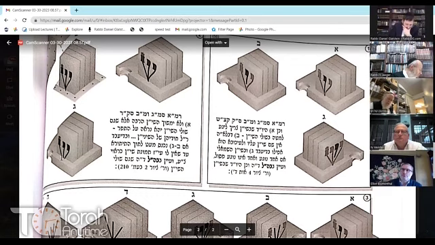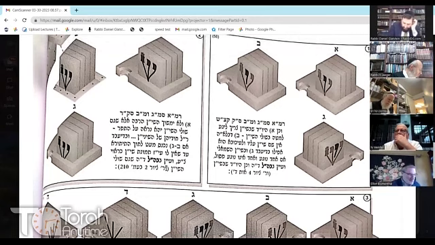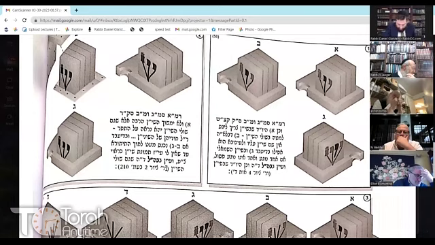Look at Beur Halacha, that the yud has to touch below. Look there in the Mishna Berura, where does the Mishna Berura say that the yud has to touch below?